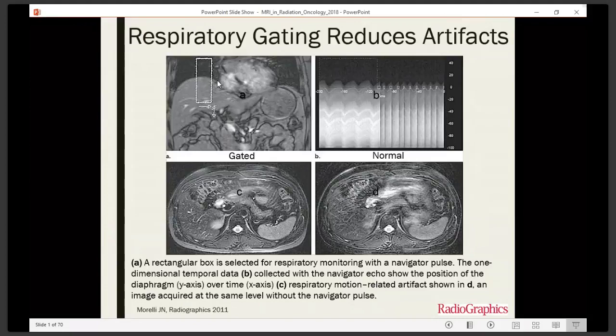So this is the diaphragm here, and you monitor the diaphragm movement, and you go ahead and acquire your data, but you set a certain range in here so that you only allow so much motion, and you reject those acquisitions that occur when there's too much motion. And using this is the gated acquisition. You see it has much less motion artifact than the normally acquired data set does.